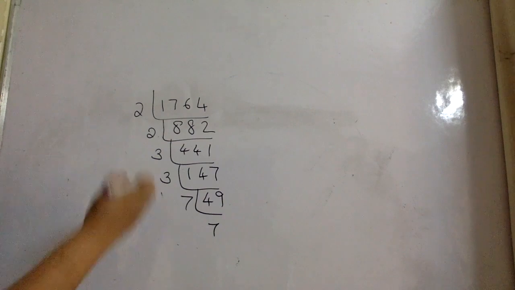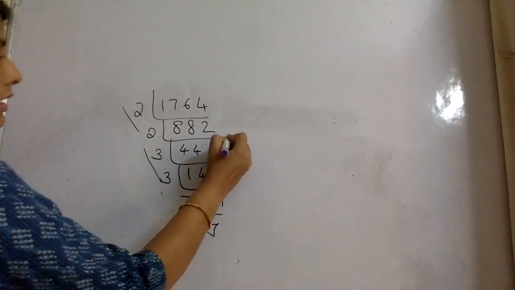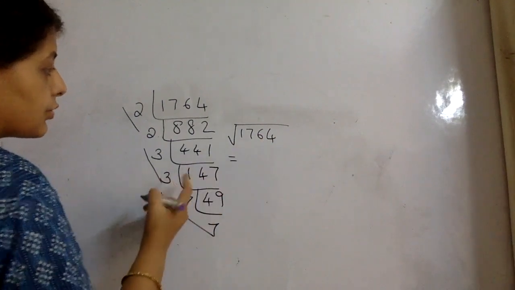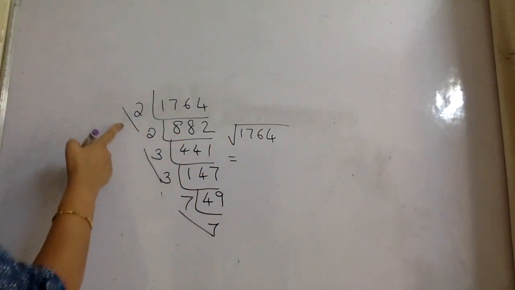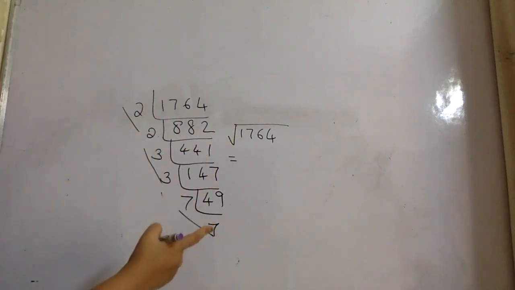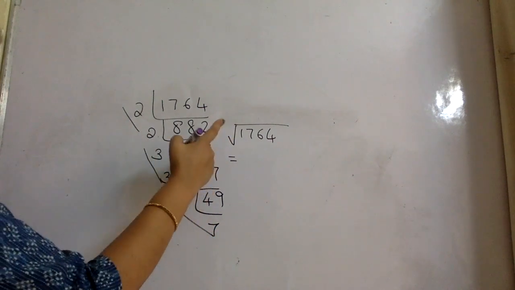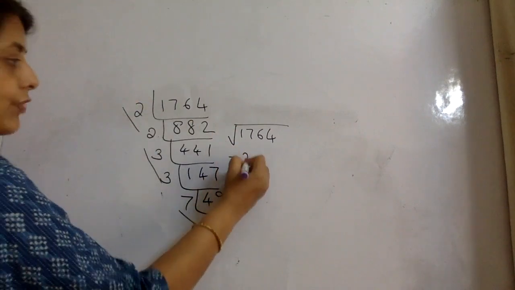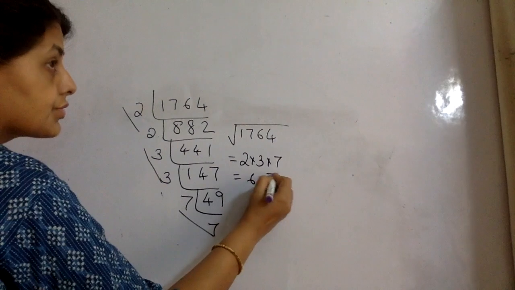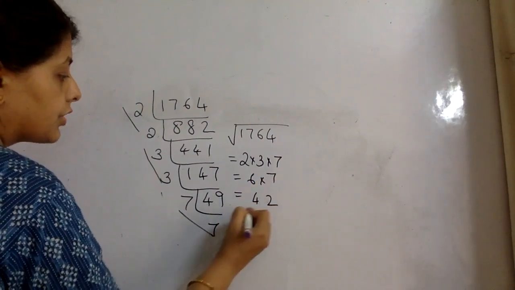So clearly I have got all pairs. So square root of 1764 is equal to, so when you put the sign, then only you are going to pick up the pairs. If you don't put the sign, you have to write all the numbers, all the prime factors. But if you put the sign, you are going to pick up the one from the pairs and write. Okay, that is 6 into 7, and that is 42.